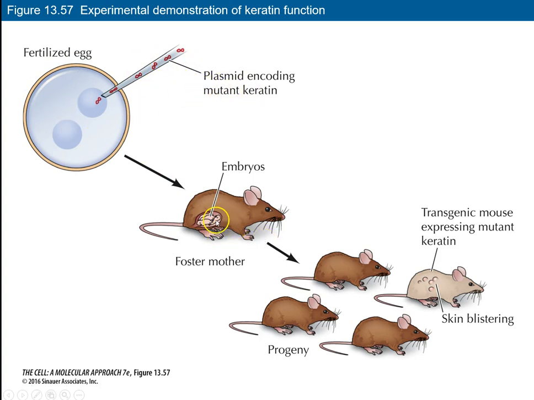Some of these pups will grow up to have a copy of the mutant keratin, and some will be normal. This guy that expressed the mutant keratin had skin blistering and severe skin abnormalities just due to a dysfunctional keratin protein, which is predominantly part of the intermediate filament component of the cytoskeleton. And that is the last slide.